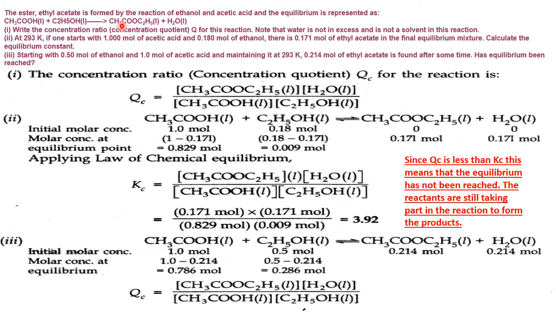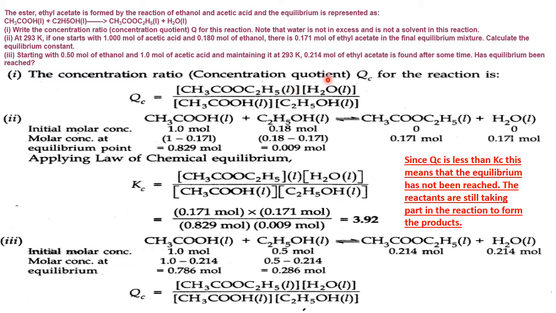The difference is that the equilibrium constant is at equilibrium, whereas the reaction quotient is at any time of the reaction. You can take any stage of the chemical reaction and calculate the Q value. That is the difference between QC and KC. So QC equals the molar concentration of products over the reactants, the same formula.